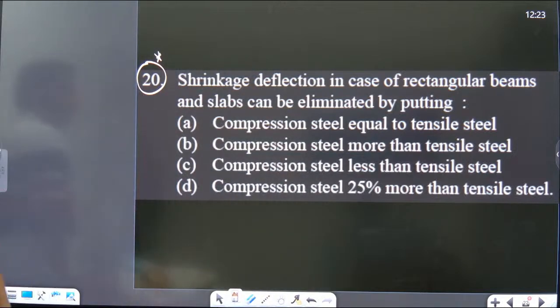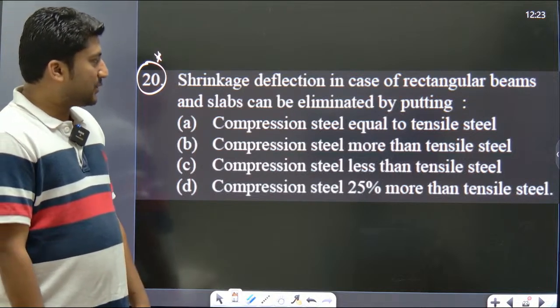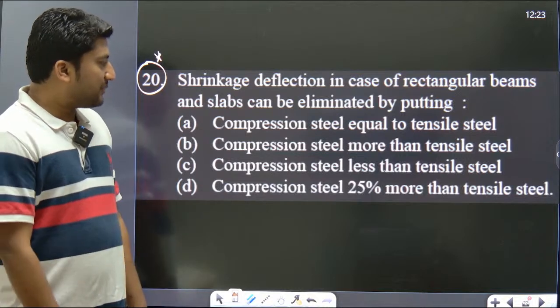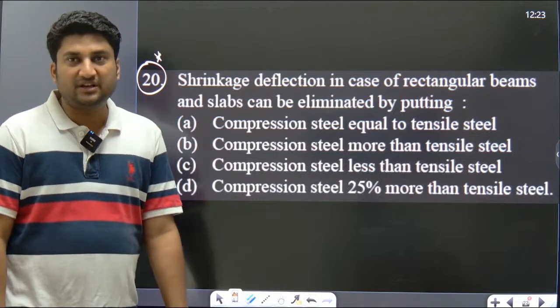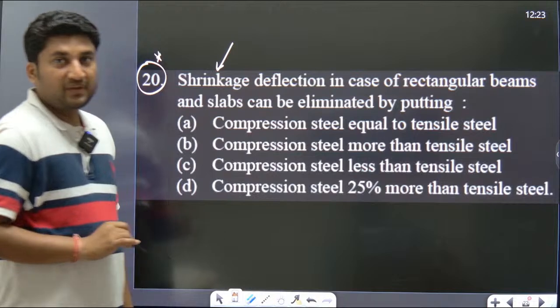Now you can see, shrinkage deflection in case of rectangular beam and slab can be eliminated by compression steel equal to tension steel, compression steel more than tension steel, compression steel less than tension steel, compression steel 25% more than tension steel. Now you can see very carefully, the reference is shrinkage deflection.